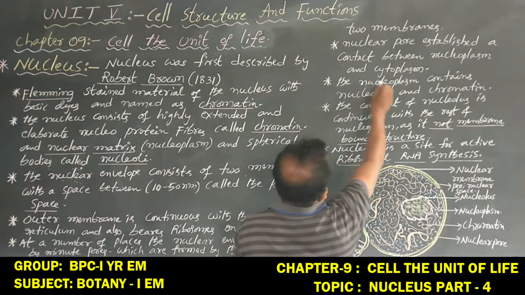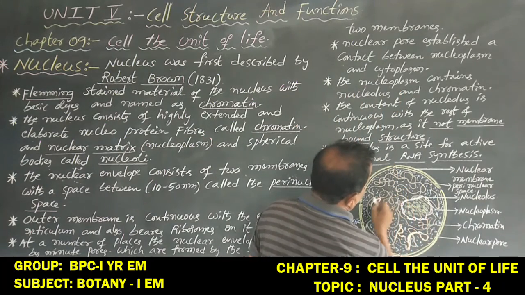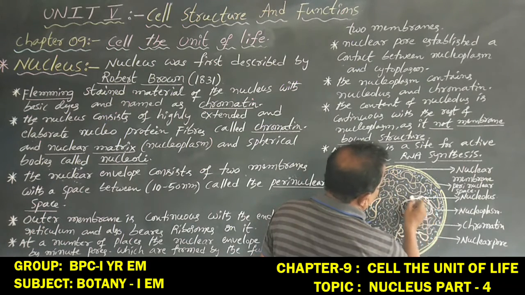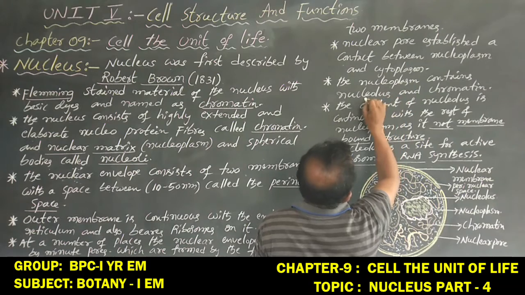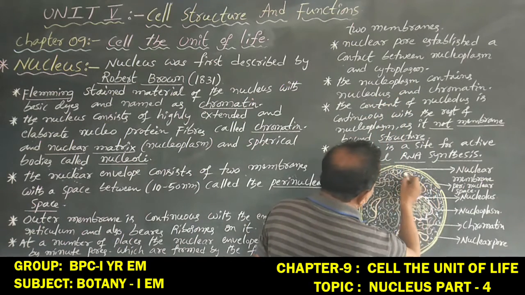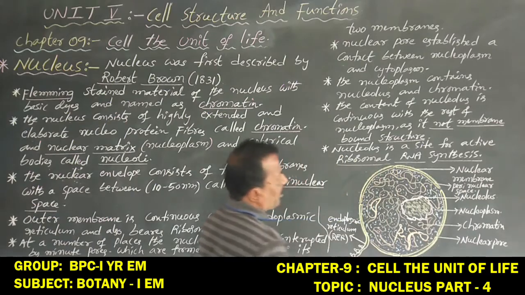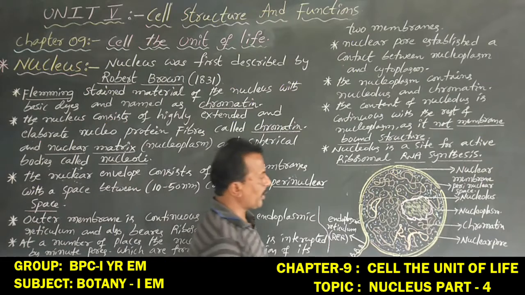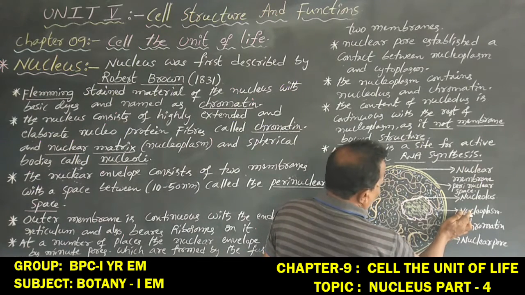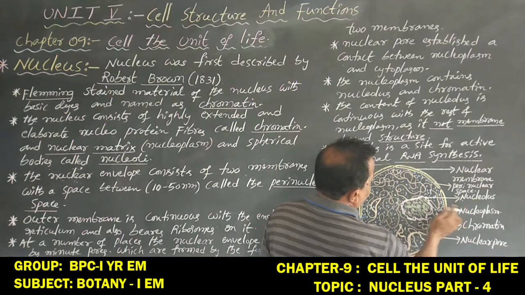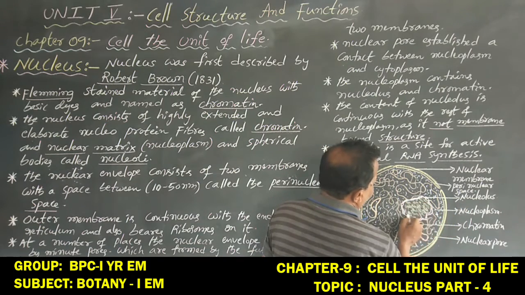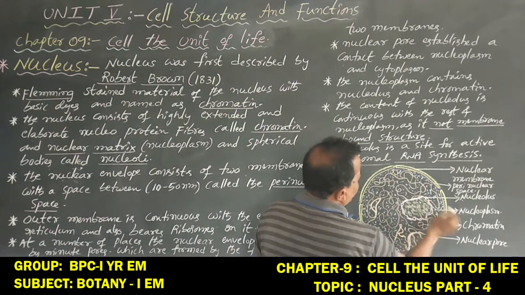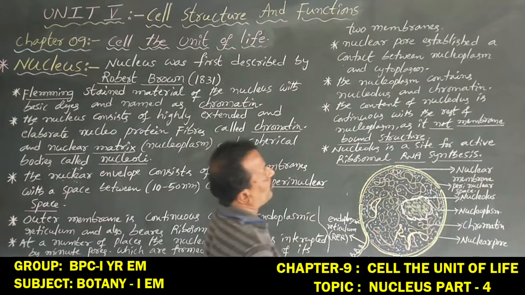Next, coming to the nucleoplasm. The nucleoplasm or nuclear matrix contains spherical body structures that are called nucleolus, and nucleoprotein fibers that are called chromatin.